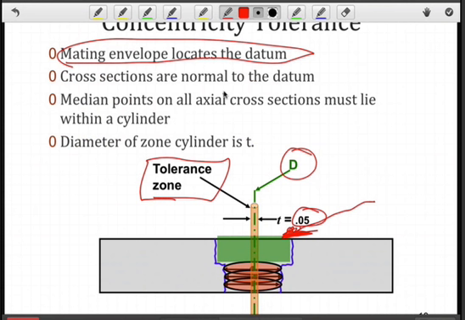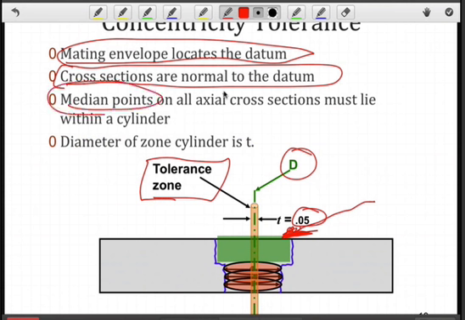Now, in terms of determining whether the feature lies within that tolerance zone, again, it's slightly different. What we'll do is take cross-sections that are normal to the datum, and so you can kind of think of those cross-sections as mating envelopes in a sense, but it's not the same, because what we'll do is look at the median points as we look at an individual cross-section, and all the median points have to fit within that cylindrical tolerance zone.